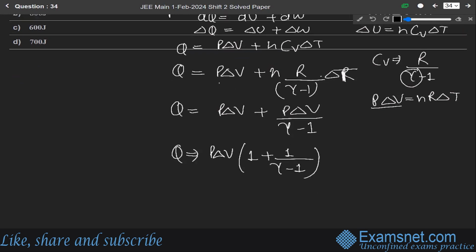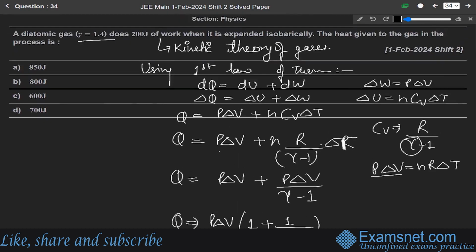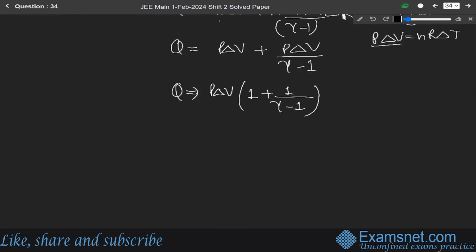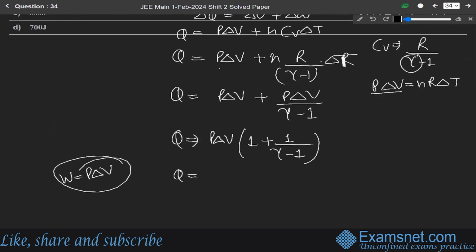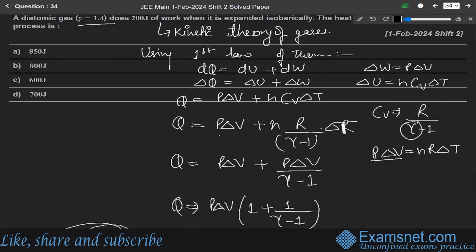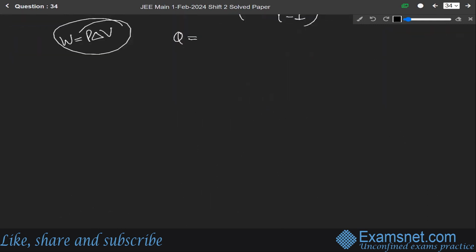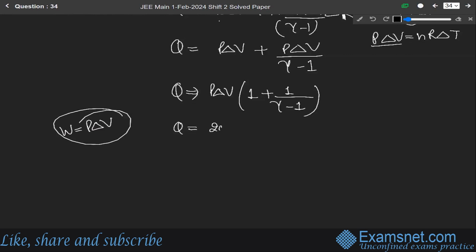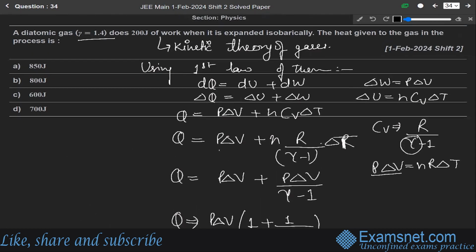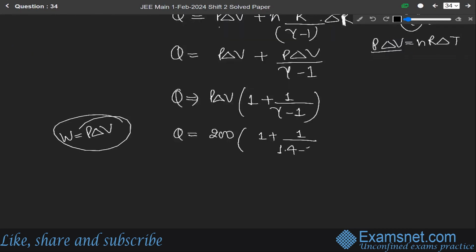The value of gamma is given as 1.4 for a diatomic gas. So Q will be equal to P delta V. P delta V is what? Work done. And according to the question, 200 joule of work is done. So in place of P delta V, we write 200 into 1 plus 1 over gamma minus 1, which is 1.4 minus 1.